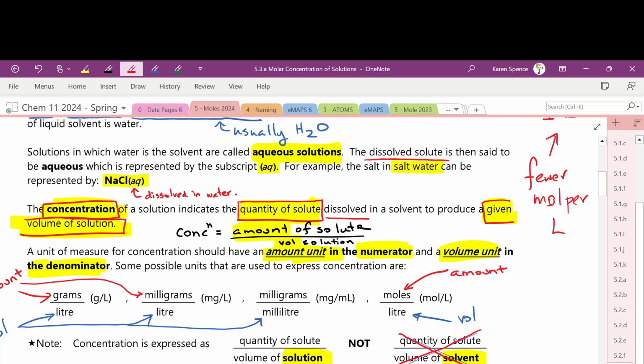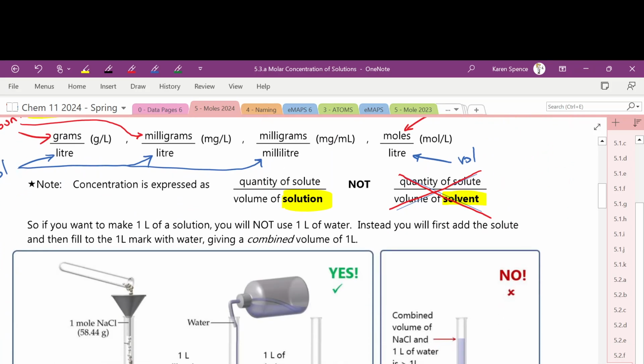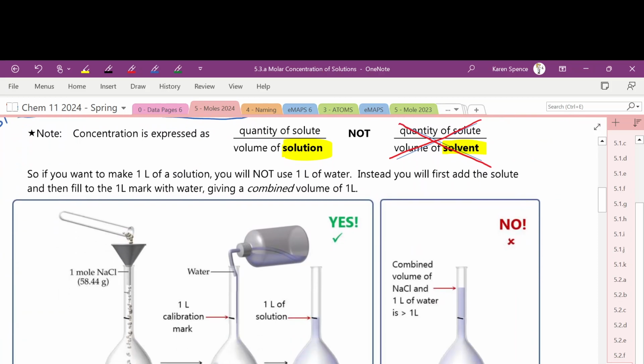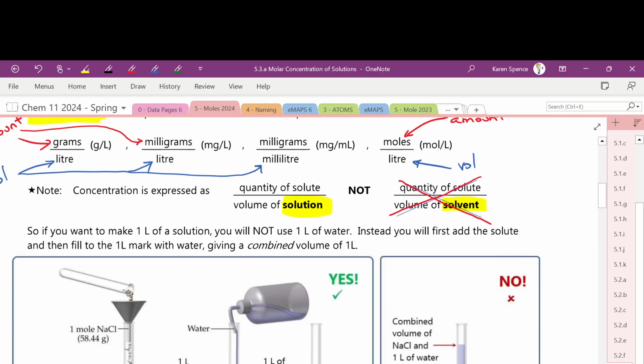On Monday, when we have a little more time during class, we'll actually make a solution. Okay? So basically, if you want to make, say, 1 liter of solution, and this is a 1 liter, does anyone remember what this flask is called? No, it starts with a V. Volumetric, and it's got 1 line on it right here, and that line represents when you get to exactly 1 liter, okay?